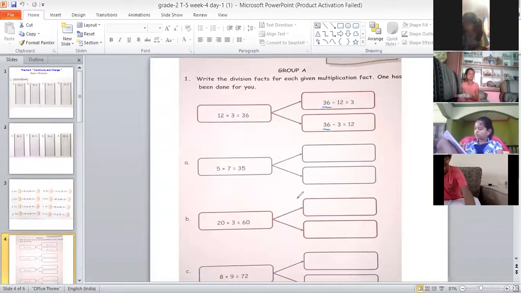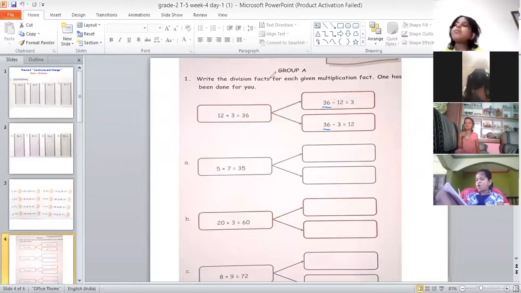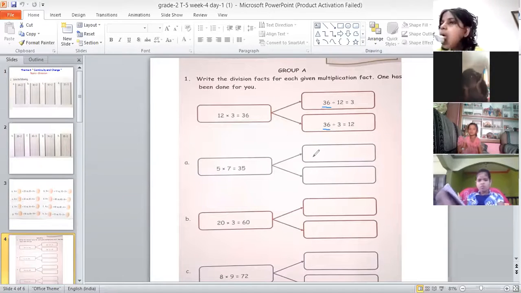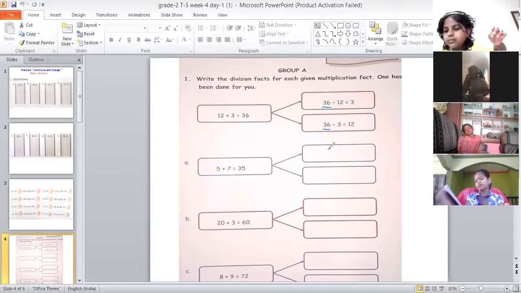Okay. Fine. Shreyan, please unmute yourself. Shreyan, will you tell me what will be the answer for bit A? Read that question first. 5 into 7. 5 multiplied by 7 equal to 35. Very good.